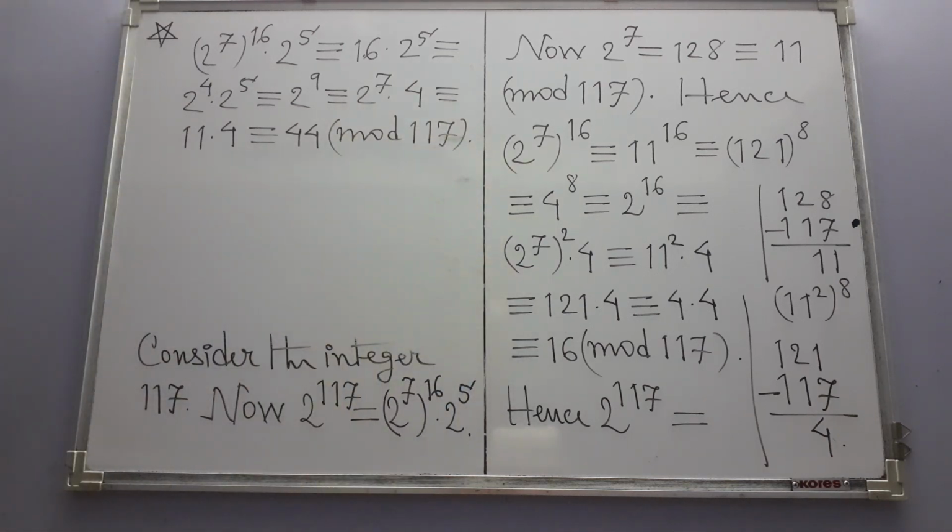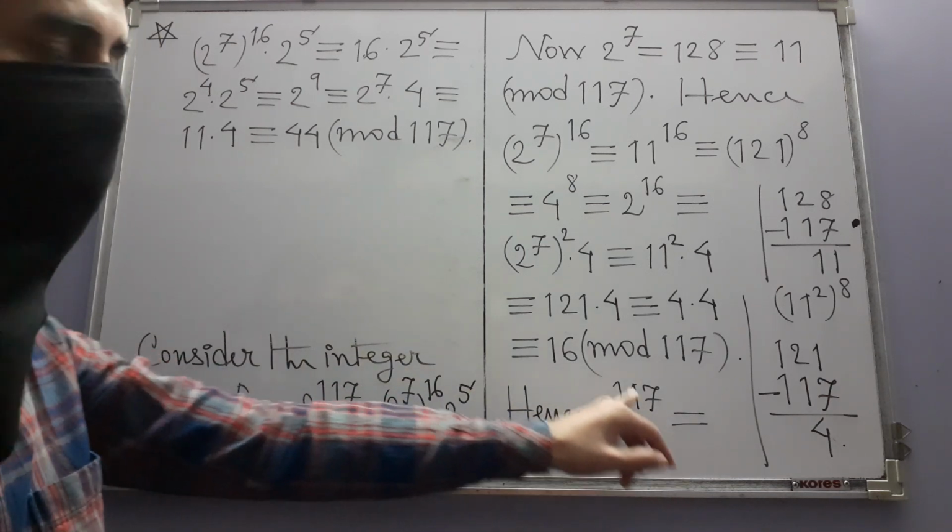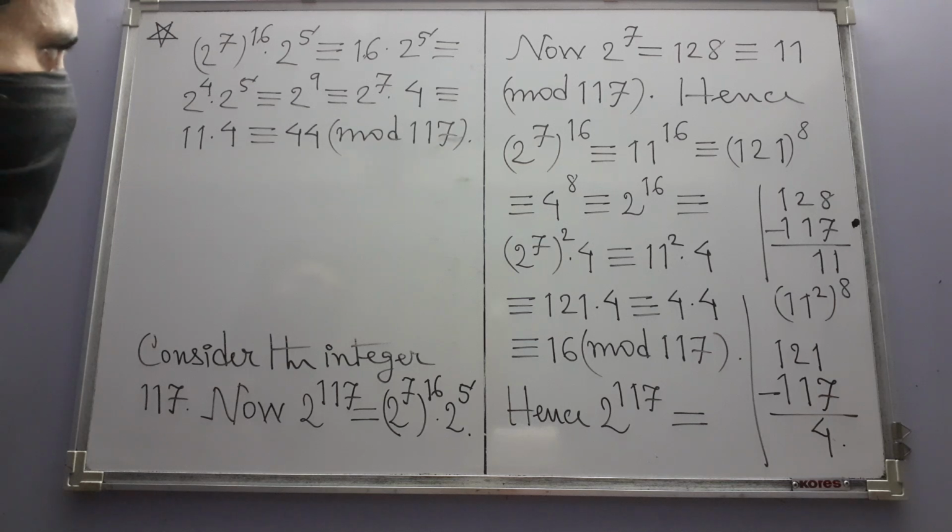So finally we have been able to see that this large number is congruent to 44 mod 117.